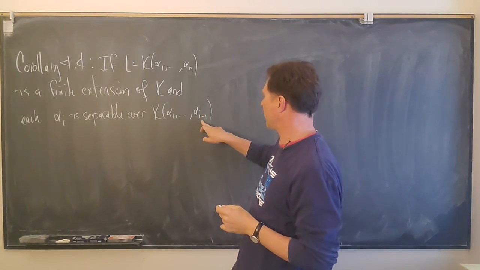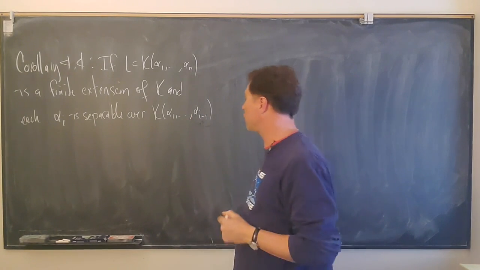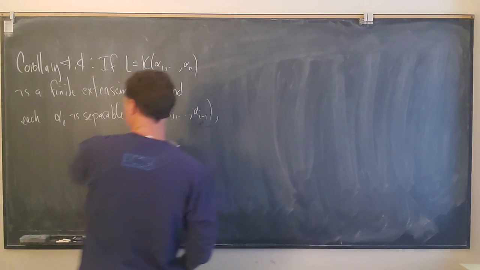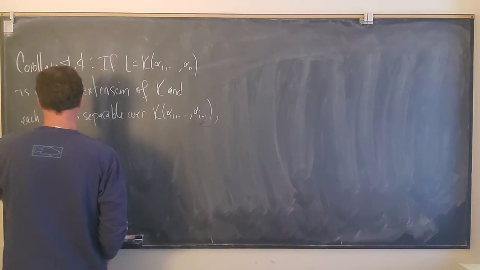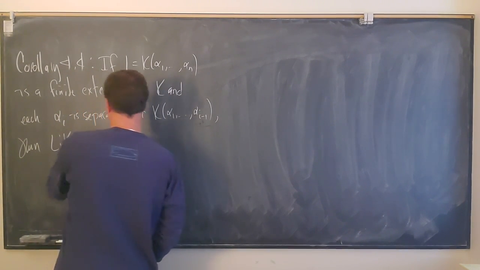So when you write that down, make sure you get that subscript right there. If alpha I is separable over K adjoin alpha 1 up through alpha I minus 1, then L over K is separable.